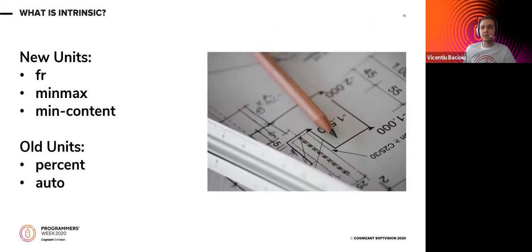You have the new units, you have a fraction, min max, min content, and you can mix them with the old units like percent and auto.